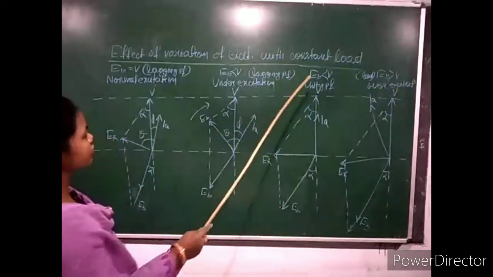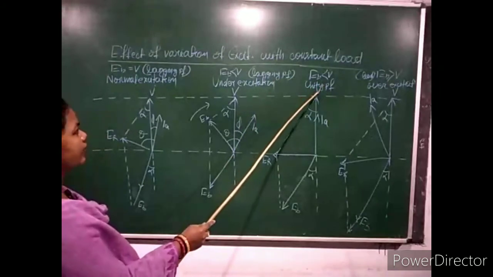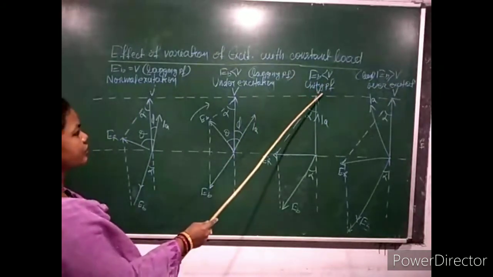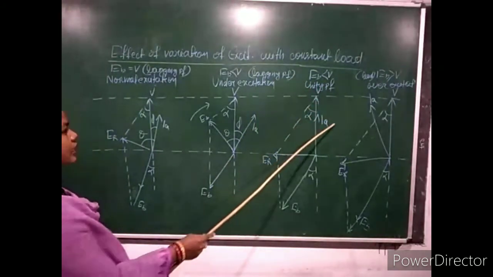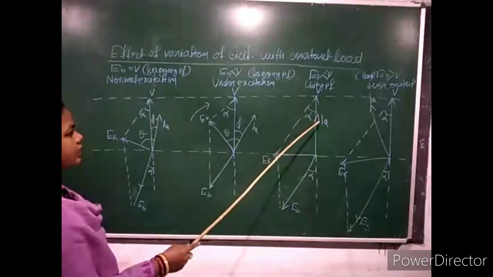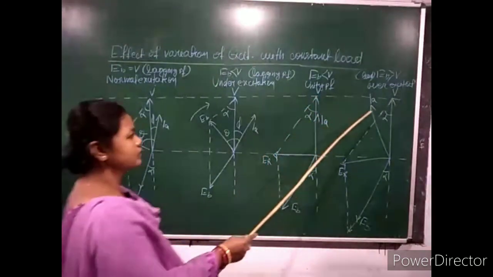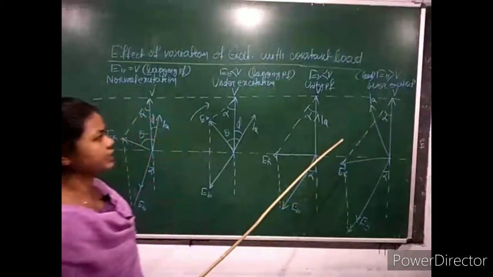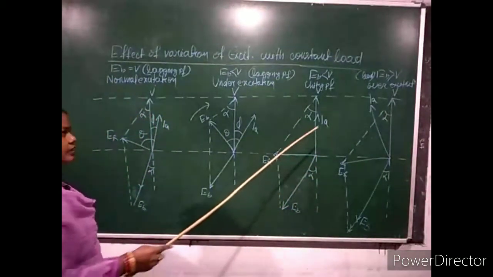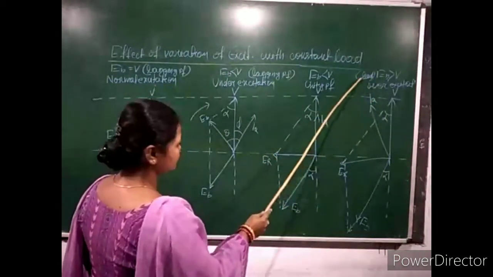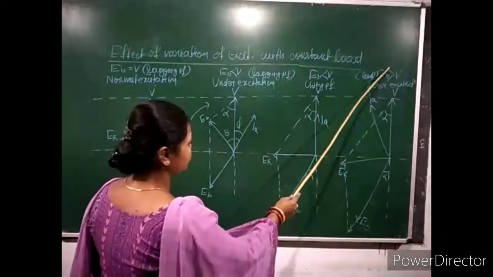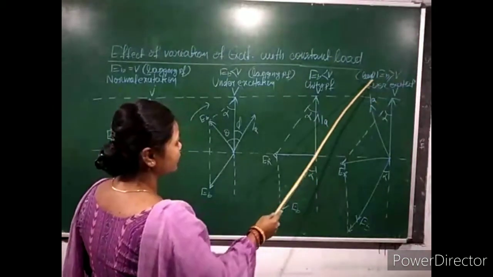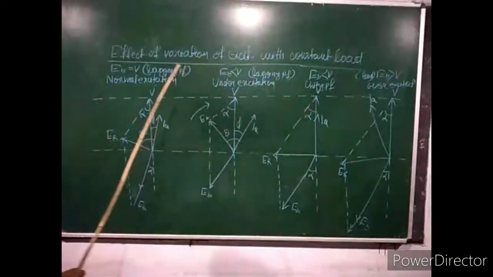This one is also under excitation, but where the power factor is unity, meaning the current and applied voltage are in the same phase. And the fourth one is the over excitation case. Over excitation means the back EMF is greater than the applied voltage and the power factor is leading.